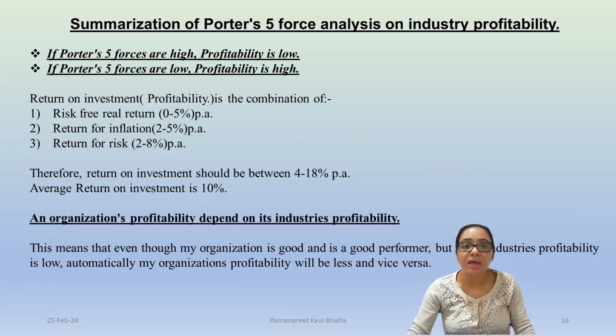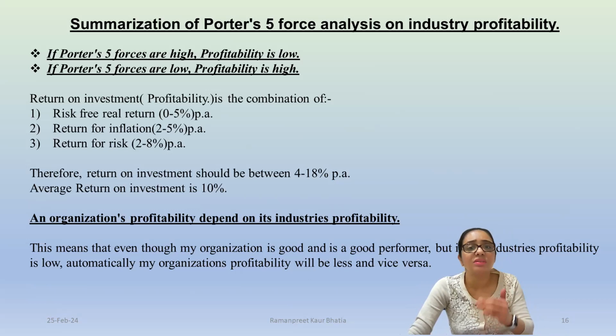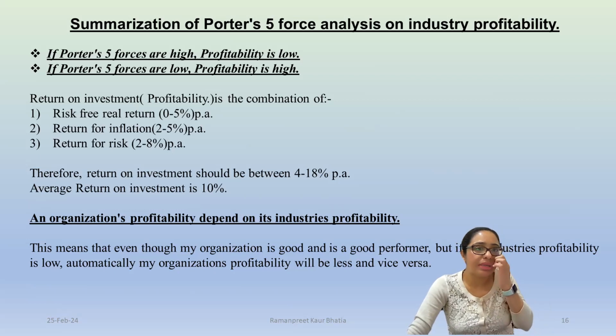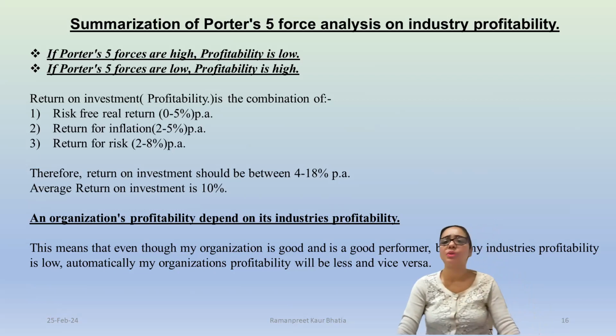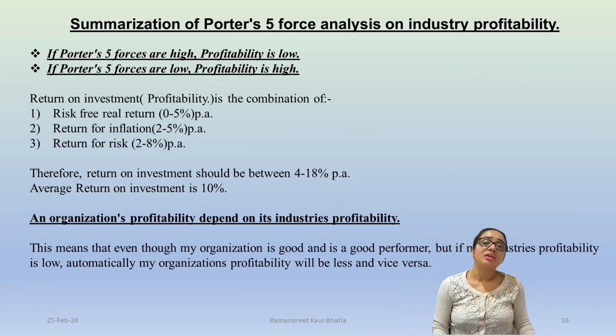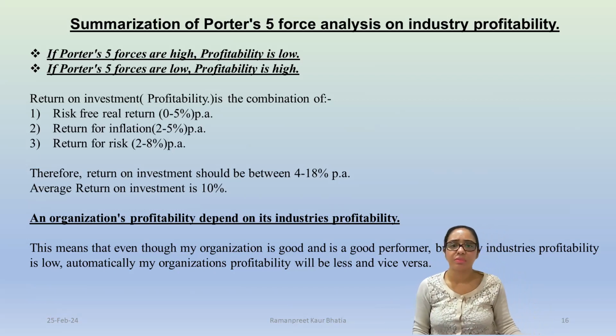Now, the desirable level of industry profitability might be thought of as being a combination of what? My return covering risk: the risk-free real return for the country in which the operation exists, which is almost 0 to 5%, so my return on investment is a combination of that, a return for expected inflation, which is typically between 2 to 5%, plus a return for the risk involved in the industry, usually between 2 to 8% per annum.